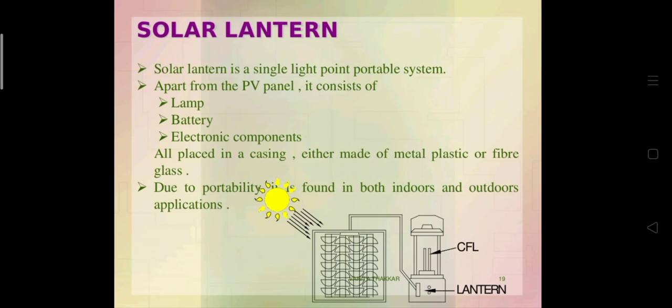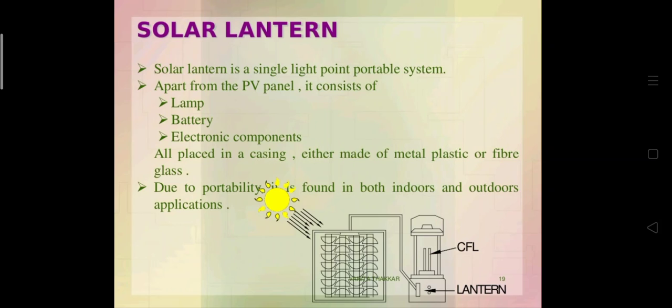Due to its portability, it is used in both indoor and outdoor applications. Solar panels are fixed, but this lantern is a mobile unit. In this lantern there is a CFL bulb that glows.